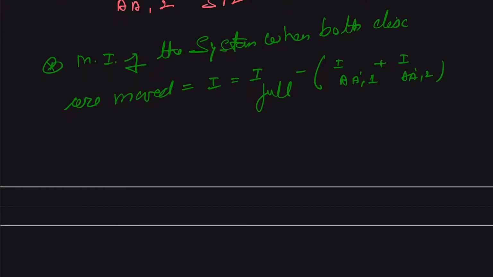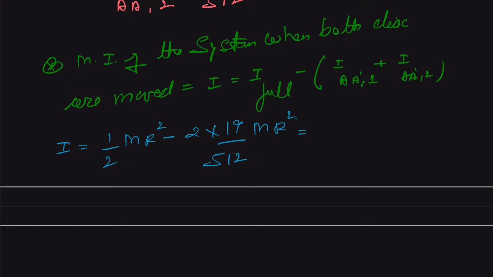Therefore I is equal to I full, which is half mr square, minus twice 19 upon 512 mr square, and this comes as 256 and 256 to this will be 128.